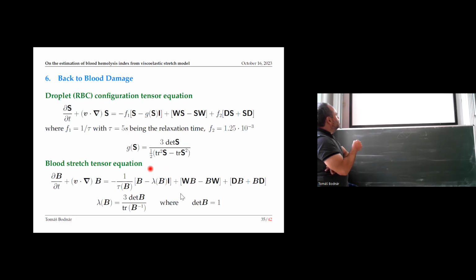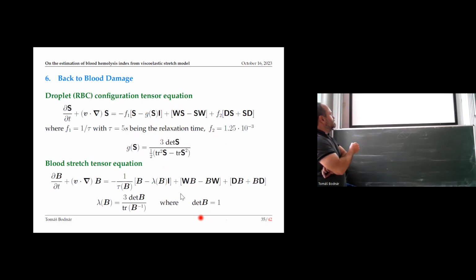And these are the parameters. And this is the scalar function that is, as I said, some kind of elastic response that tends to return the droplet into its original shape. So this is the original model that was already solved and used for the blood damage.